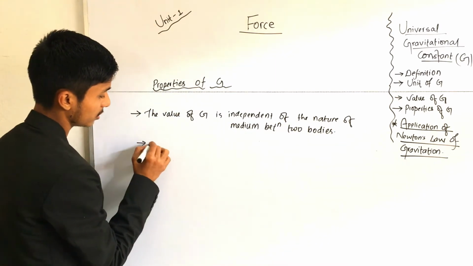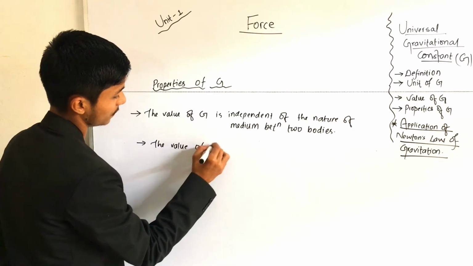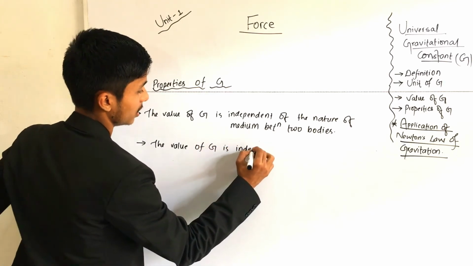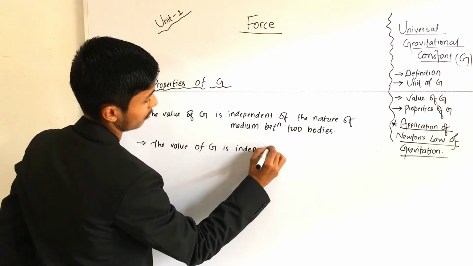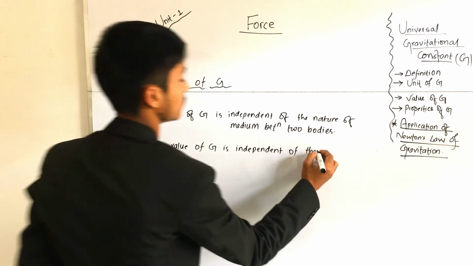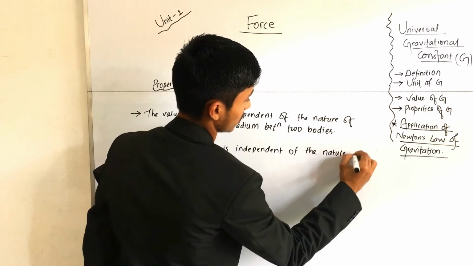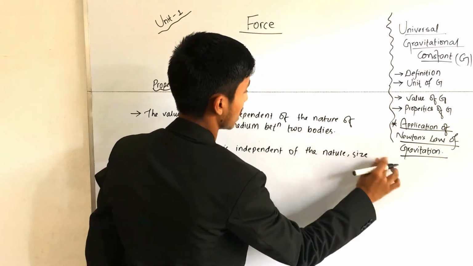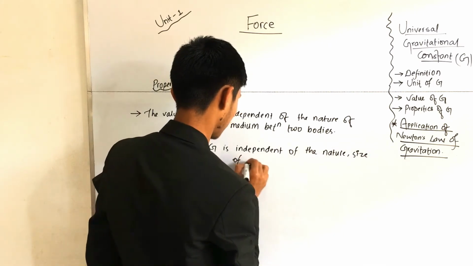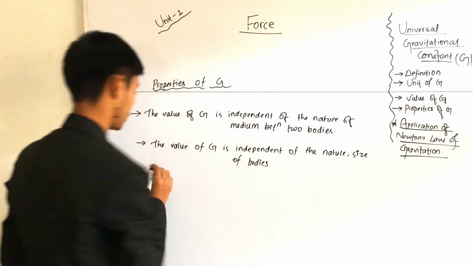And next, the value of capital G is independent of the nature and size of bodies.